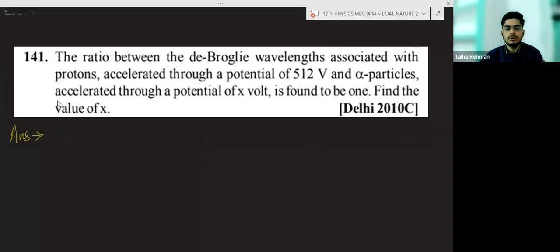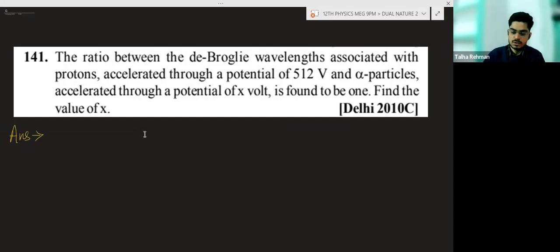The ratio between the de Broglie wavelengths associated with protons accelerated through a potential of 512 volt, and alpha particles accelerated through a potential of x volt is found to be 1. Find the value of x.